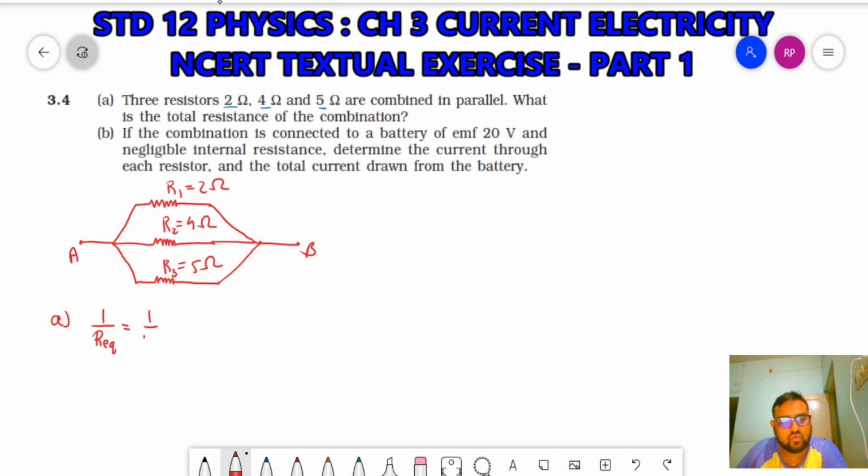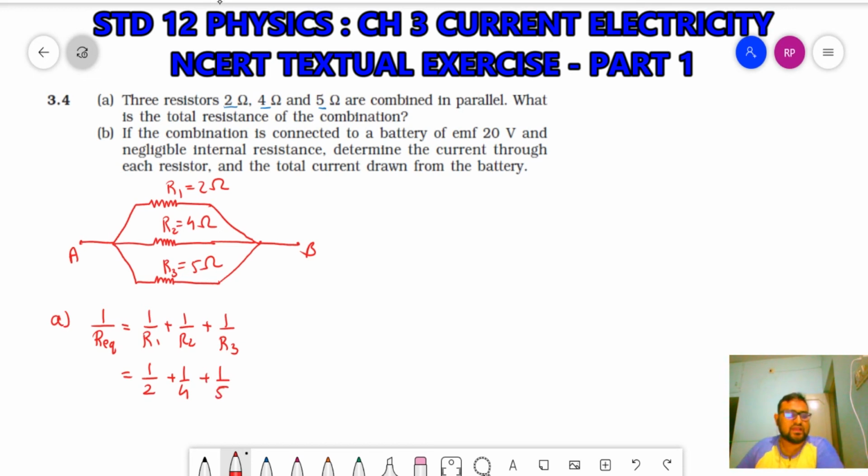Now see, as R1, R2 and R3 are connected in parallel, 1 by R equivalent will be equal to 1 by R1 plus 1 by R2 plus 1 by R3. So 1 by 2 plus 1 by 4 plus 1 by 5.